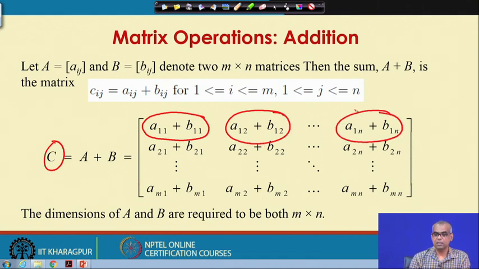In general, if A is represented as a_ij and B is represented as b_ij, both having the same dimensions, then the elements of C, c_ij, will be a_ij plus b_ij for i equal to 1 to m and j equal to 1 to n. Note that the dimensions of both A and B must be the same.